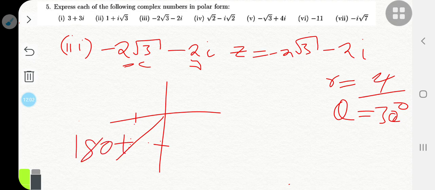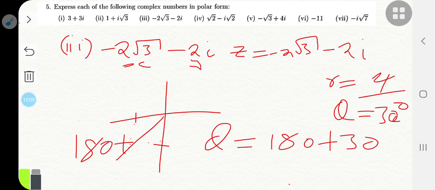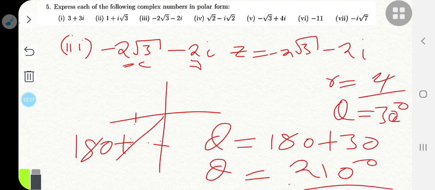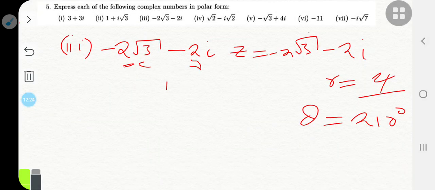And what happens in the third quadrant? It's 180 plus, which means my true angle will be 180 plus 30, and I'm going to have 210 degrees. So that is my true angle which I'm supposed to use.